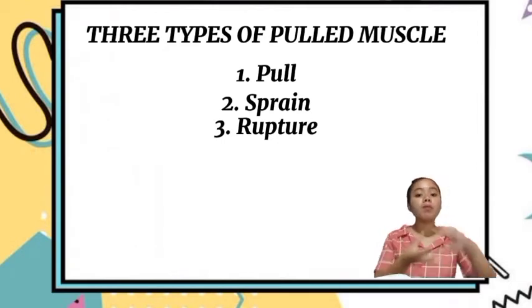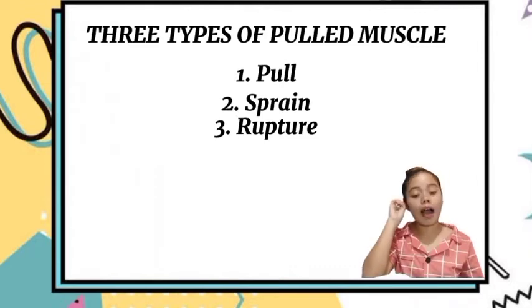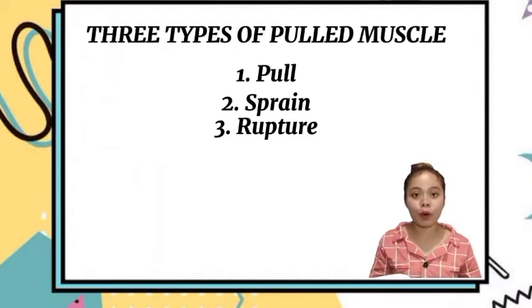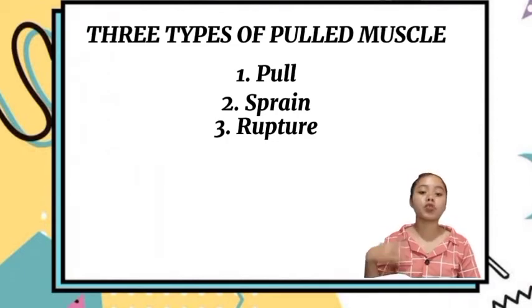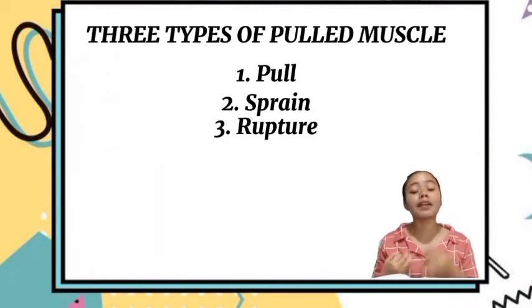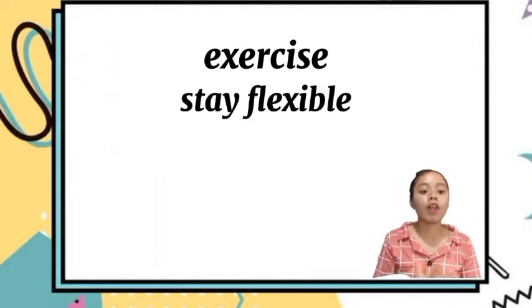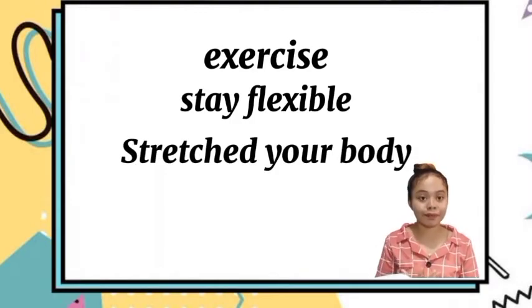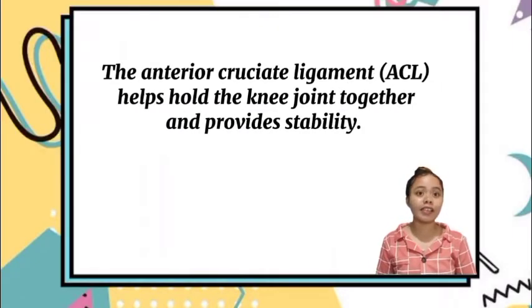It means that your muscle is already broken and it needs surgery para gumaling ang muscle. So, ang kailangan po natin gawin upang maiwasan po ang pulled muscles, and its three types, kailangan po natin mag-exercise, stay flexible to keep your body safe from pulled muscle, and then you need to stretch your body.